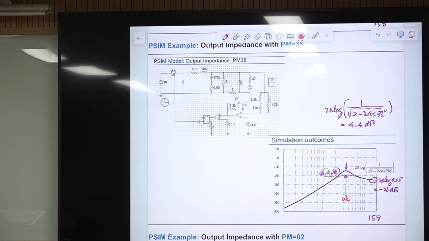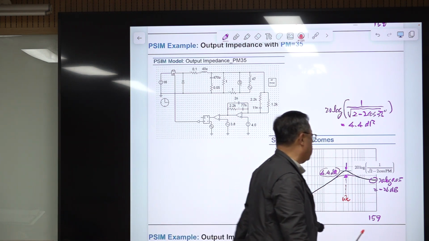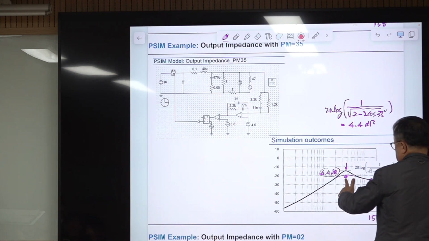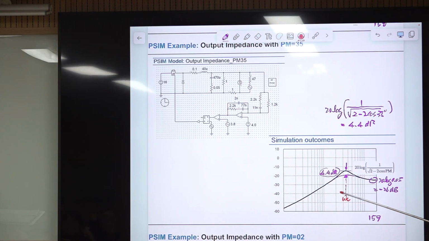So just by seeing this output impedance characteristic, you have a very good estimation of the crossover frequency and the phase margin of the loop gain. And this omega C is the output response. The step impulse response will show some decaying oscillation.